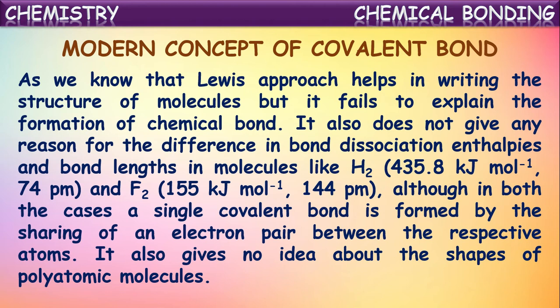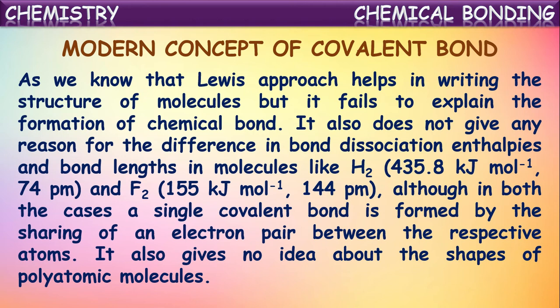So why are these different even though they are both single bonds? Why are there differences in properties like bond energies and bond lengths? That was not explained in the Lewis concept. Although in both cases a single covalent bond is formed by sharing an electron pair between the respective atoms, in the formation of H2 and F2 a single electron pair is shared between the two atoms, but there are certain differences in the properties.